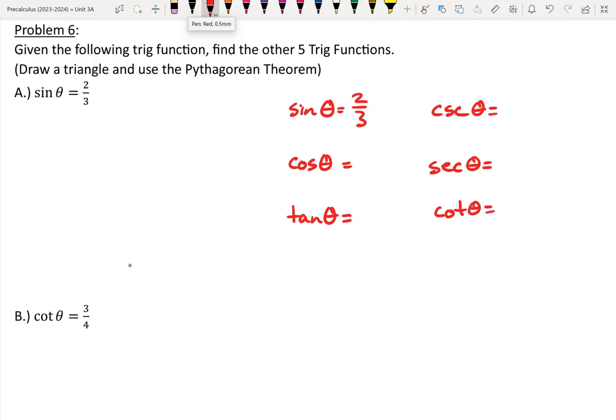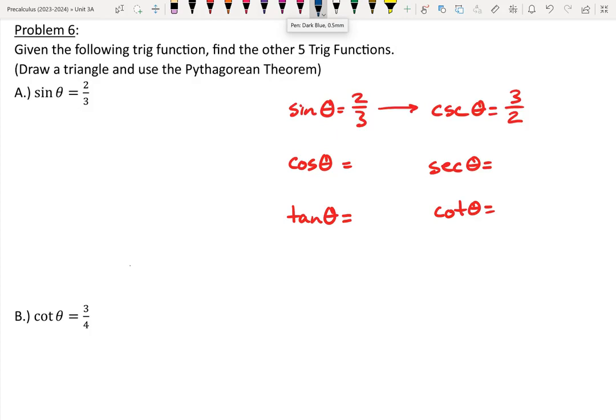Now, one we can already know just with what we know. Which one is that? That would be cosecant, right? Because these are reciprocals. So if sine is 2/3, then cosecant would be the reciprocal, 3/2. All right. Now, to do the other ones, though, we need more information.